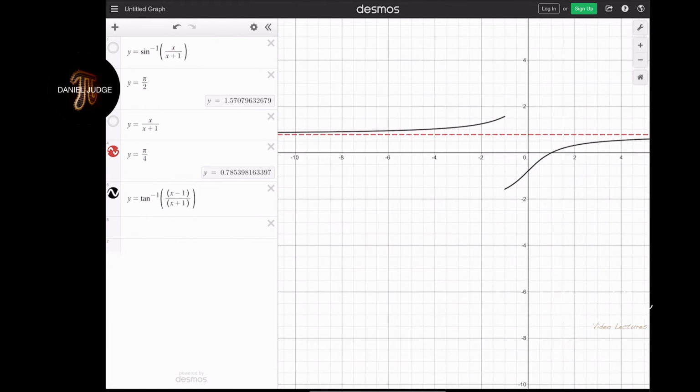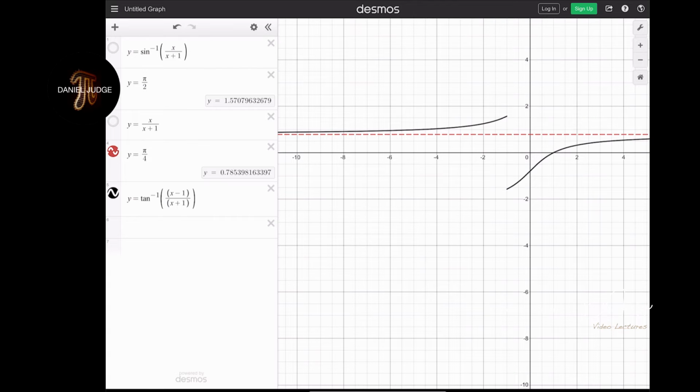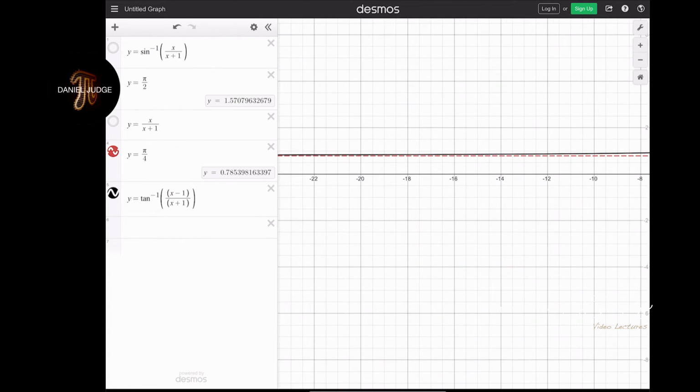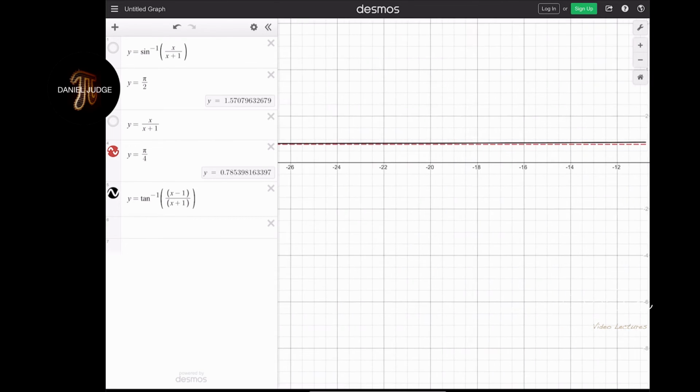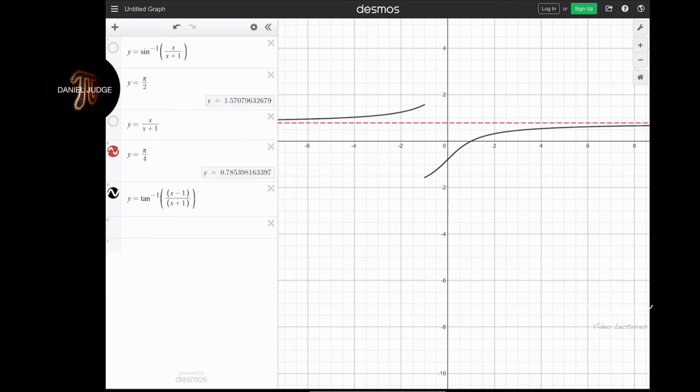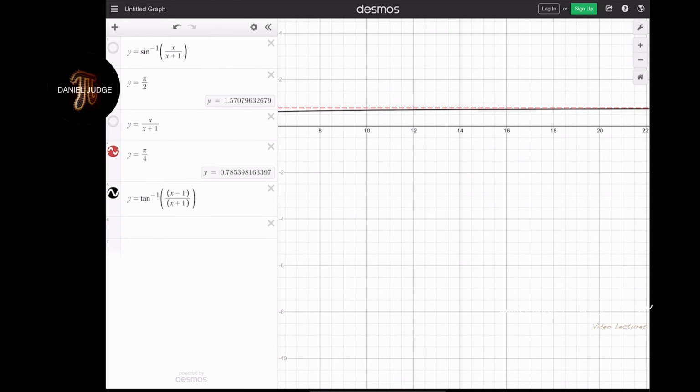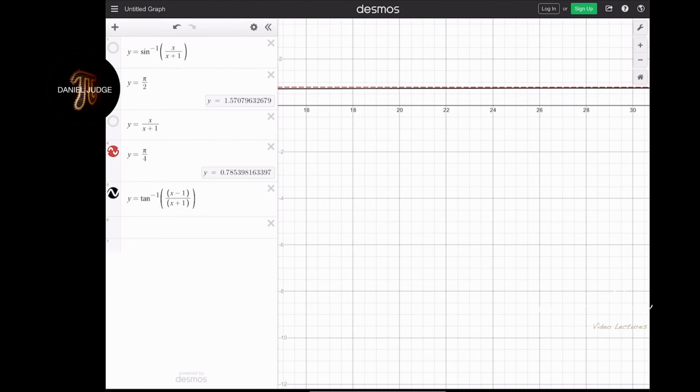So here's what I'm saying here. Here's the line y equals pi over 4. And as you guys can see, if it goes to the left here, that curve approaches this horizontal asymptote of pi over 4, and that's what I'm illustrating. And as you go to the right here, as x goes to positive infinity, you still go to pi over 4 here.